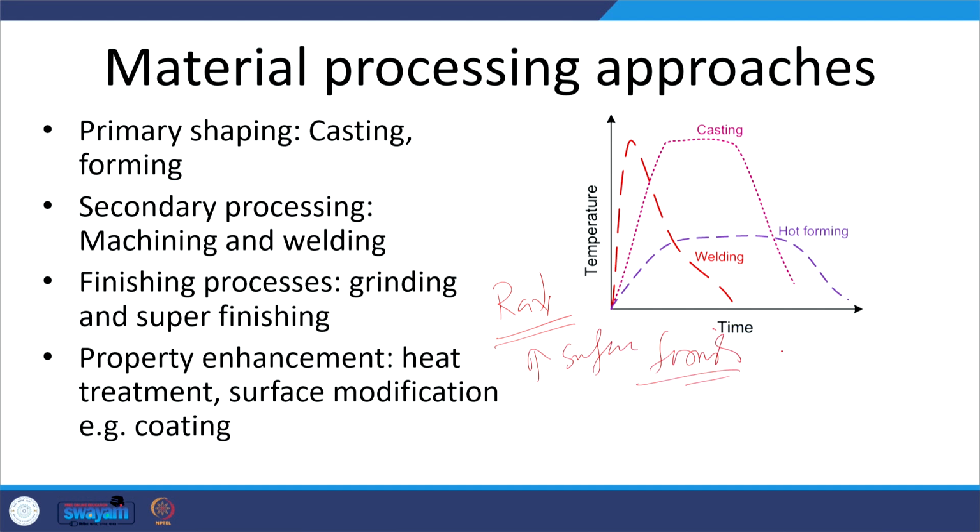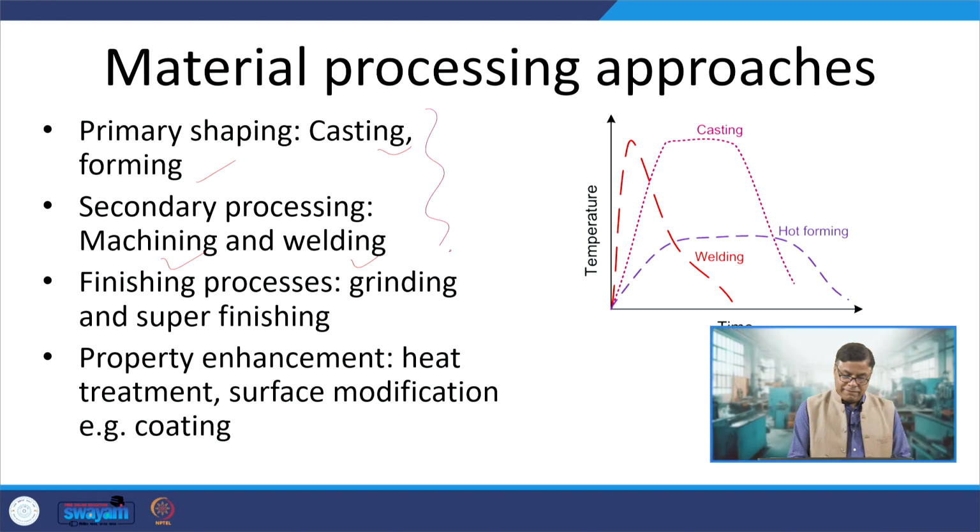When the product is made, say material subjected to the processing through the casting, forming, machining and welding, or even after the grinding, there is always a tendency of the alteration in properties of the metal. Like say metal A is subjected to the material processing.